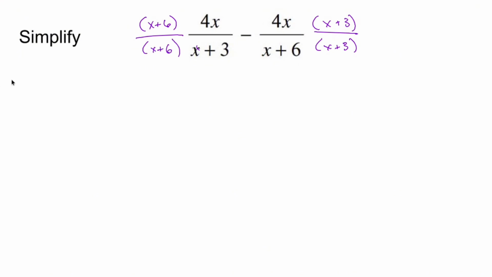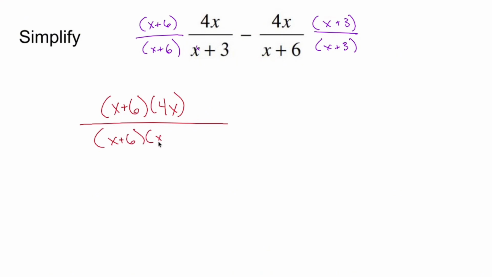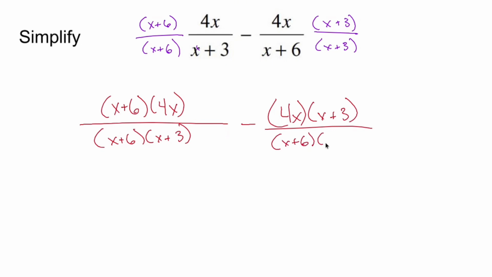Now what you have is this. Let's write it out. I have x plus 6 times 4x over x plus 6 times x plus 3, minus 4x times x plus 3 over x plus 6 times x plus 3.